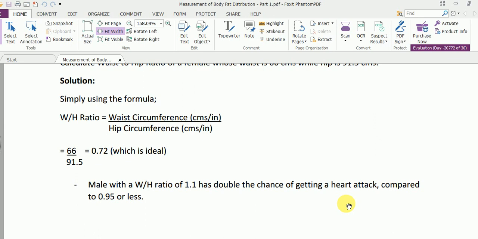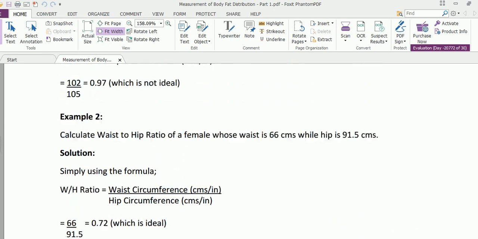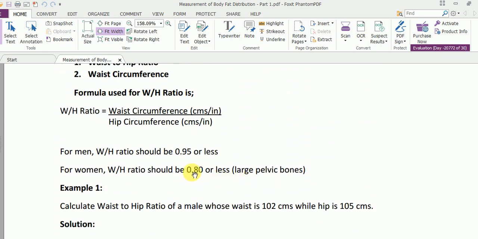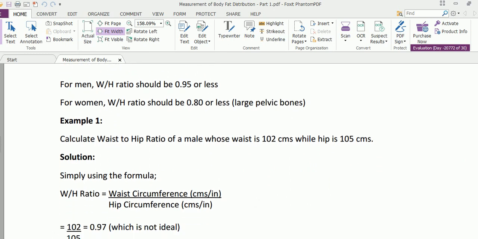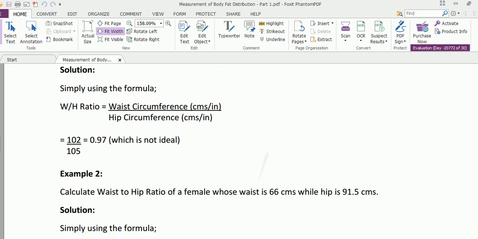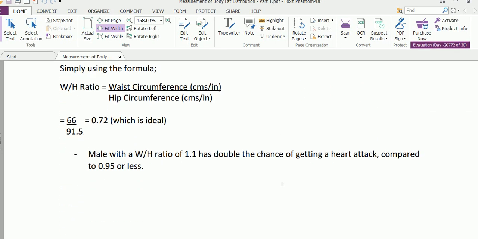For females whose waist to hip ratio is more than 0.90, they have almost double the chance of getting a heart attack compared to a female who has a waist to hip ratio of less than 0.80.